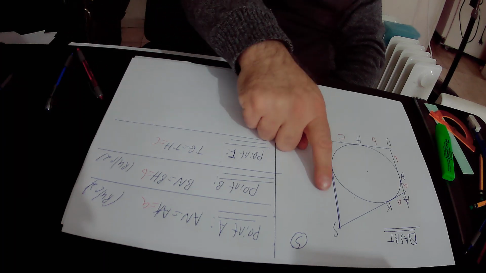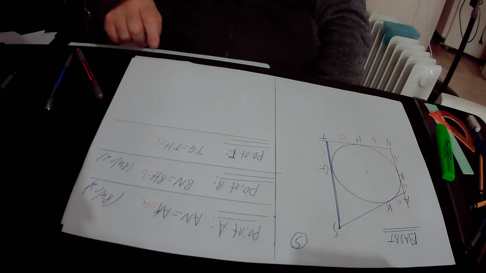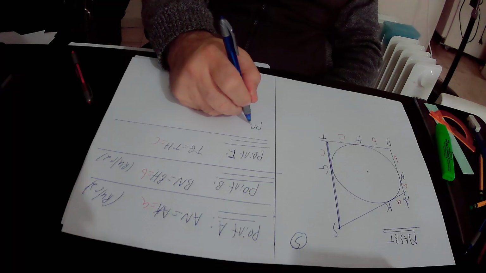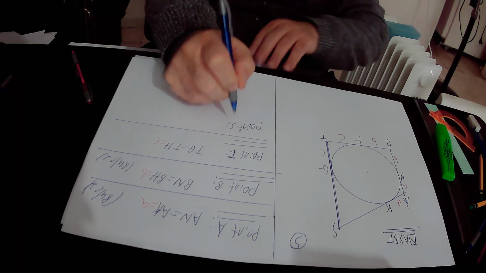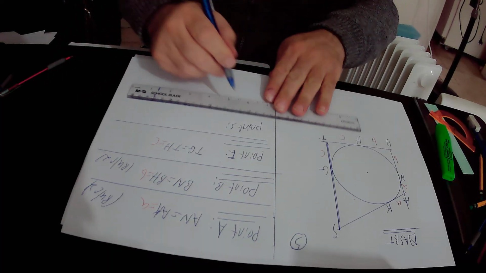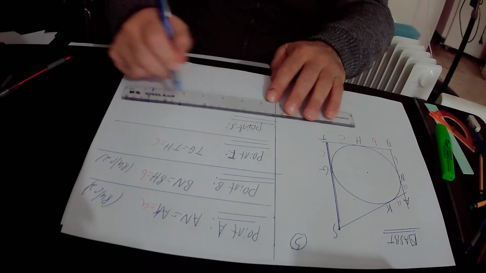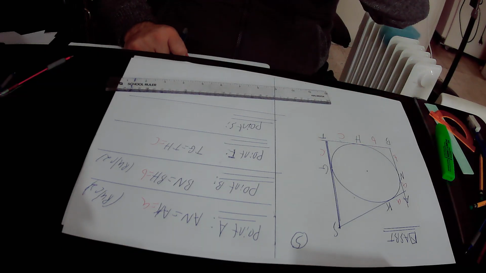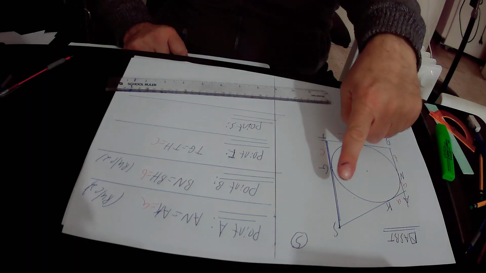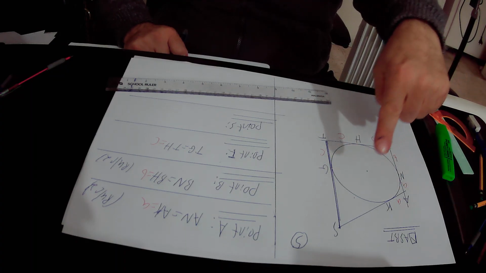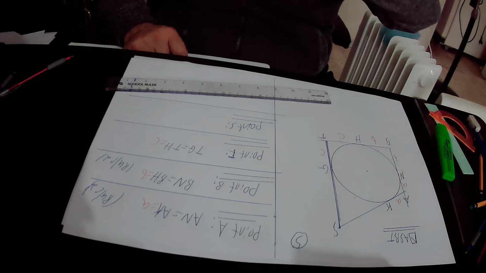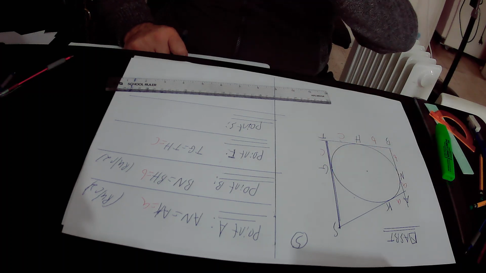And finally, we focus on the common external point, point S. From the common external point, point S, we have two tangents to this circle, tangent SG and tangent SK. According to rule 2, they are equal to each other.